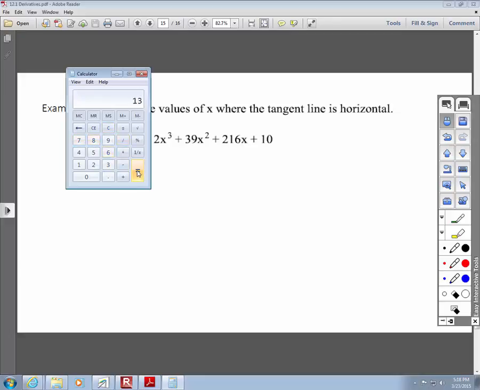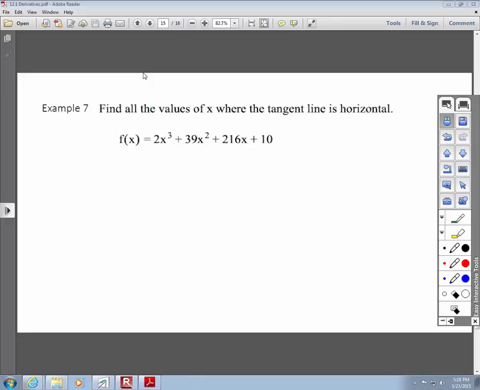It's 13. So it's going to be 6 times x squared plus 13x. And what's 216 divided by 6? 216 divided by 6 is equal to 36. So I'm going to get plus 36 equals 0. I factor out the 6, and I got this.